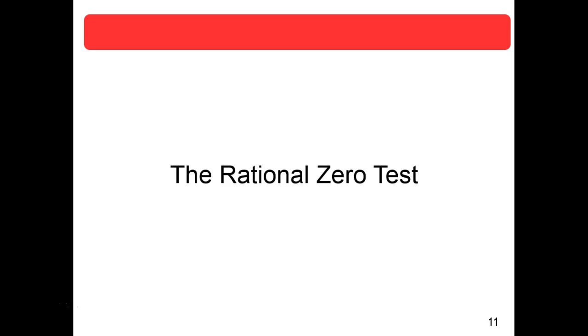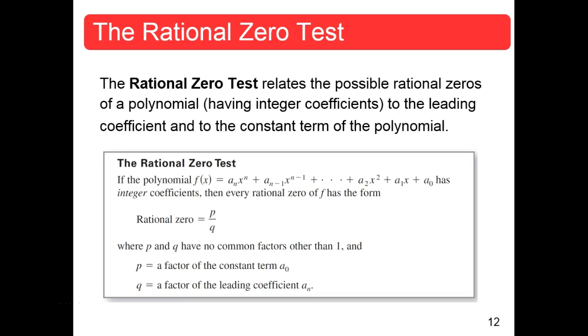Rational zeros test. Remember, the others were existence theorems. Now we're going to deal with how you find the zeros. Factoring will do so far. Sometimes you can't factor, and if it's bigger than a quadratic, you can't use the quadratic formula on it. So here's a rational zeros test. They like tests, don't they?